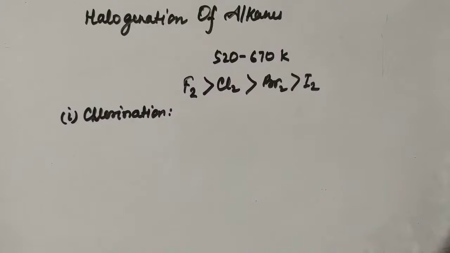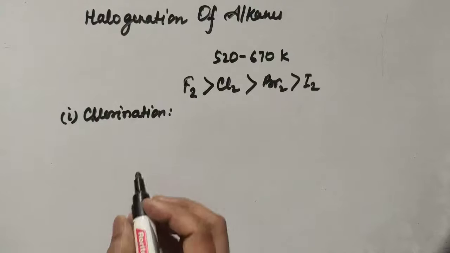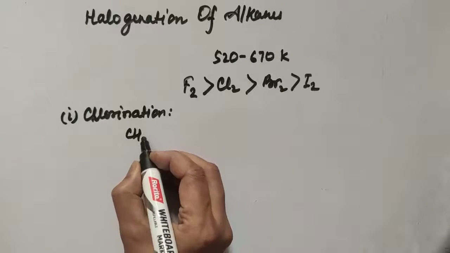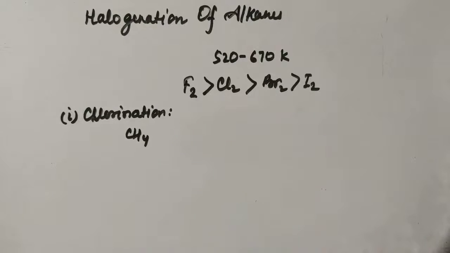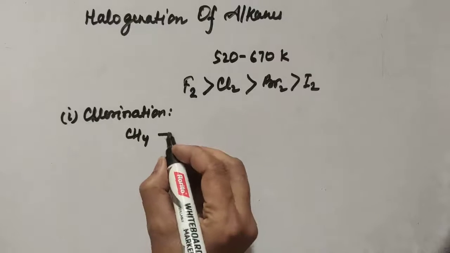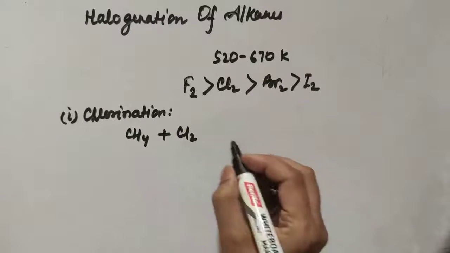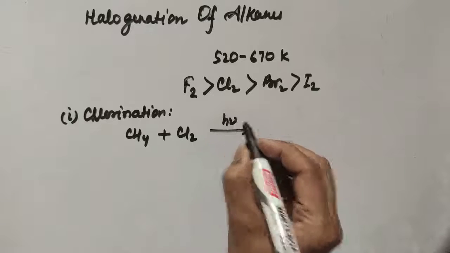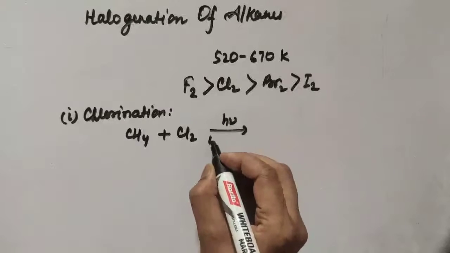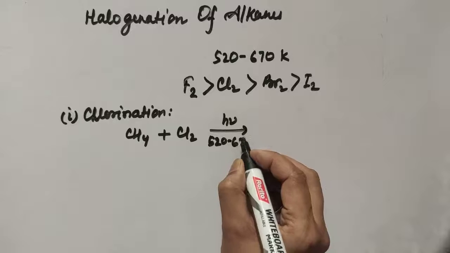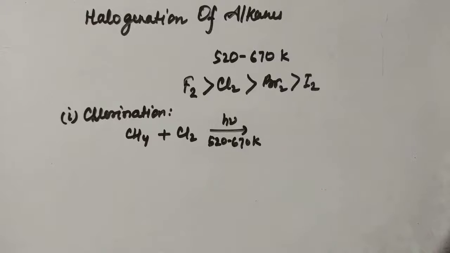So in the chlorination of methane, if we take methane, all the 4 hydrogen atoms are replaced by chlorine one by one to form a mixture of products, as I have told previously also in my class. So it happens like this. Suppose we are taking CH4, for methane I am talking, methane plus Cl2 in the presence of UV light or 520 to 670 Kelvin we can take temperature.